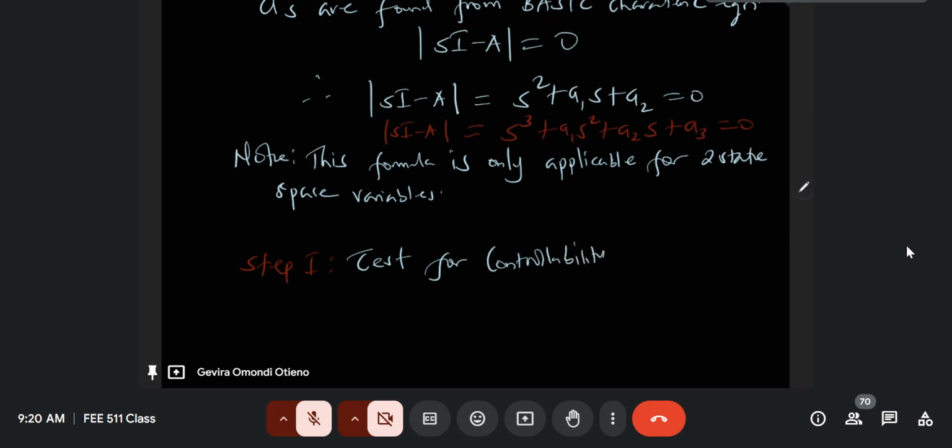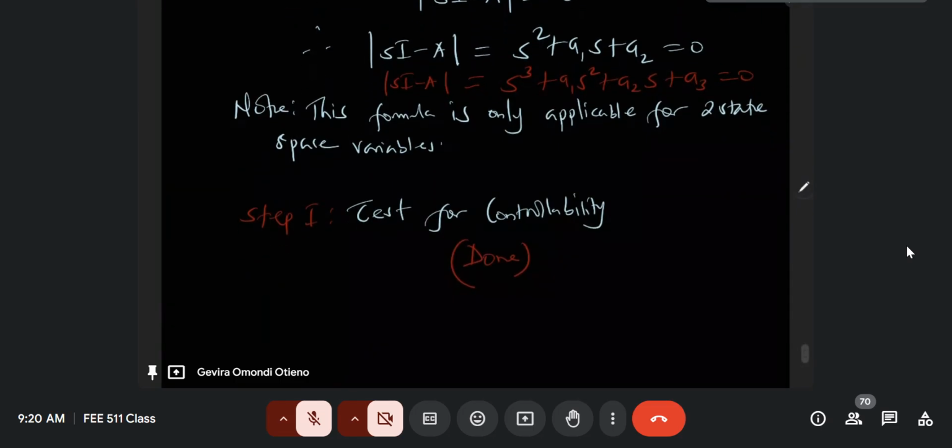Meaning you have to obtain the controllability matrix and check whether its determinant is non-zero. So this we have done, so I am not doing that again. You now know how to check for that. Step number 2, again, just 4 steps, maybe more.